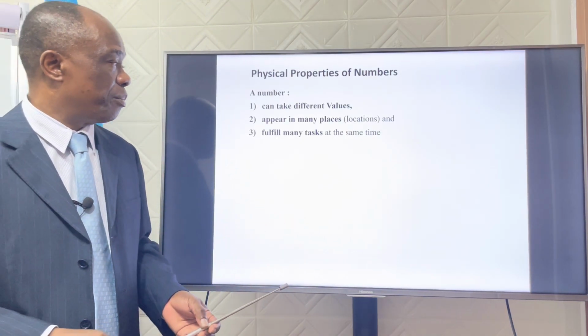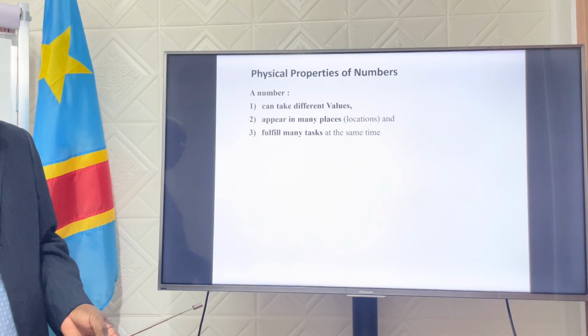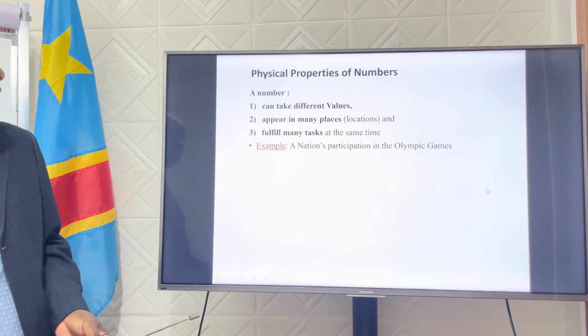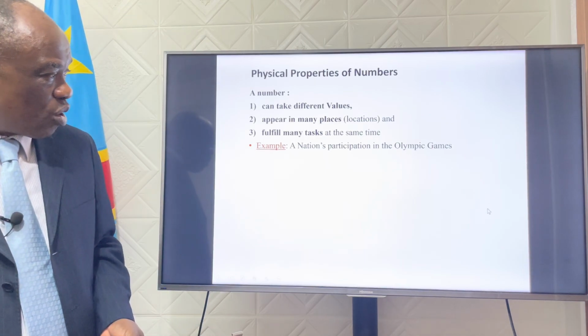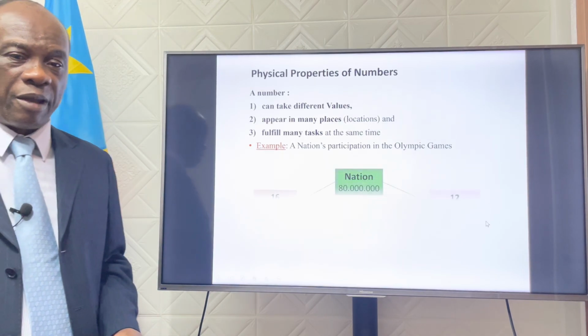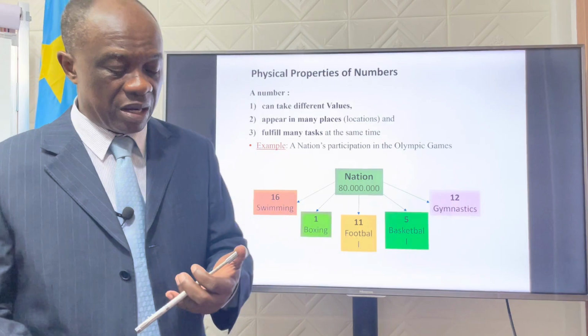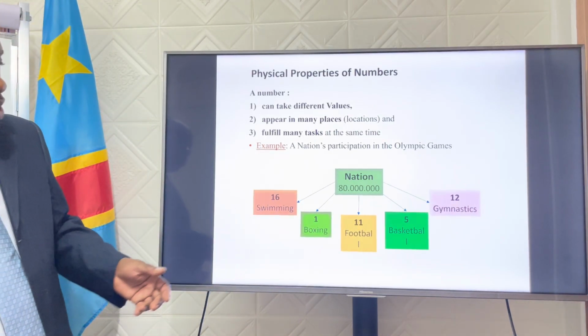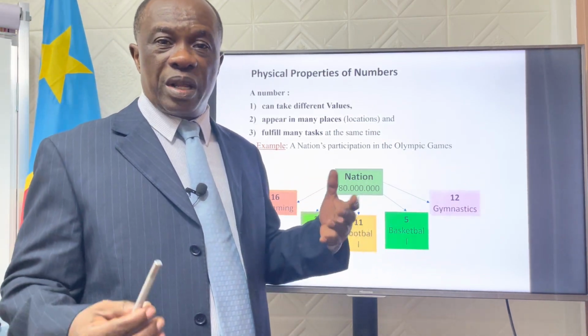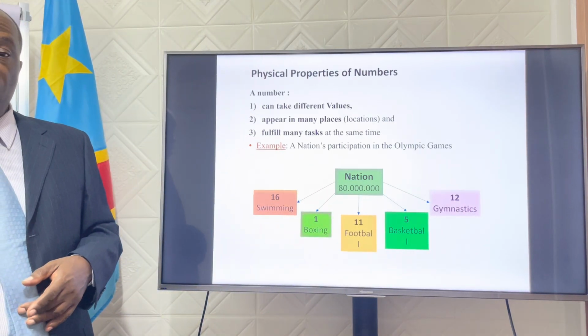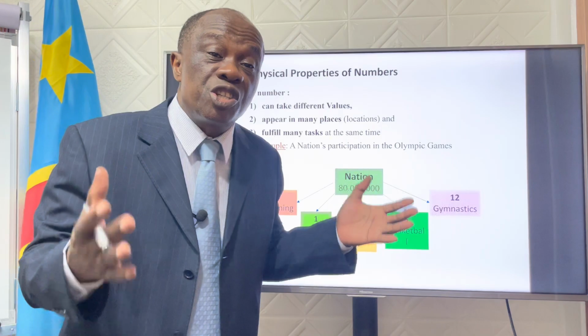But let me give you a very concrete example that we need to know. You know, we go for the Olympic Games. Last year or this year? Yeah, last year we had the Olympic Games in Japan. To go and play the Olympic Games, we go as a nation.